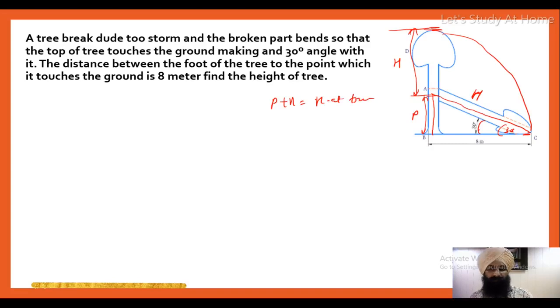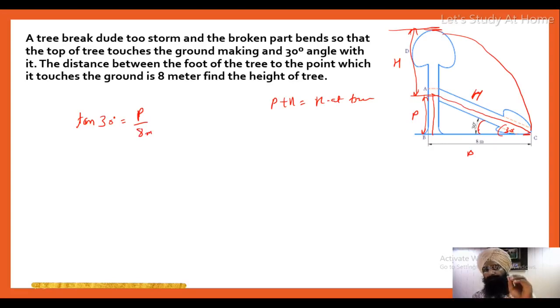Let us start. Again we have been given the base, and the relation between base and perpendicular is tan. tan 30 degree is equal to perpendicular upon base, which is 8 meter. Now I will not write each and everything, meaning the labels in the triangle you will have to write yourself.